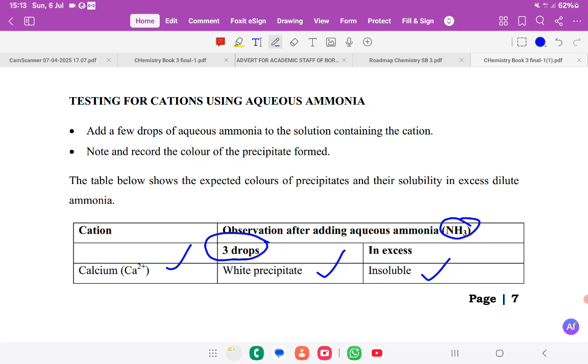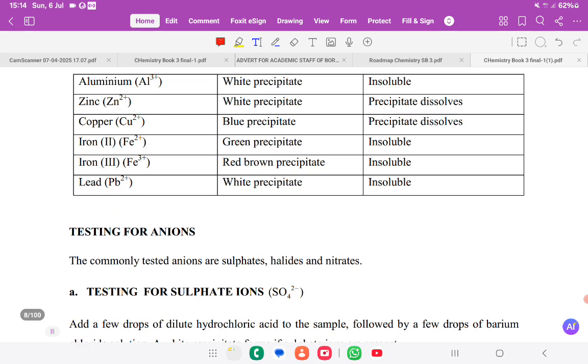So if the product formed is a white precipitate, the cation contained in the solution is calcium. It doesn't dissolve, it doesn't disappear, even if you keep adding more ammonia solution to it. That's very, very important.